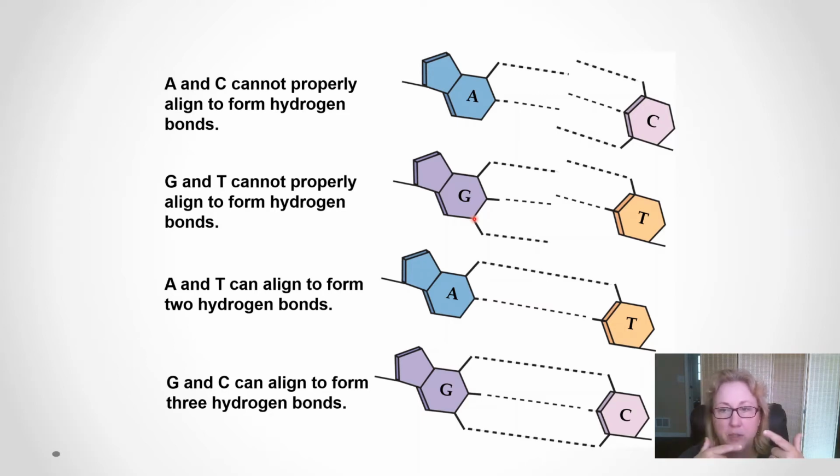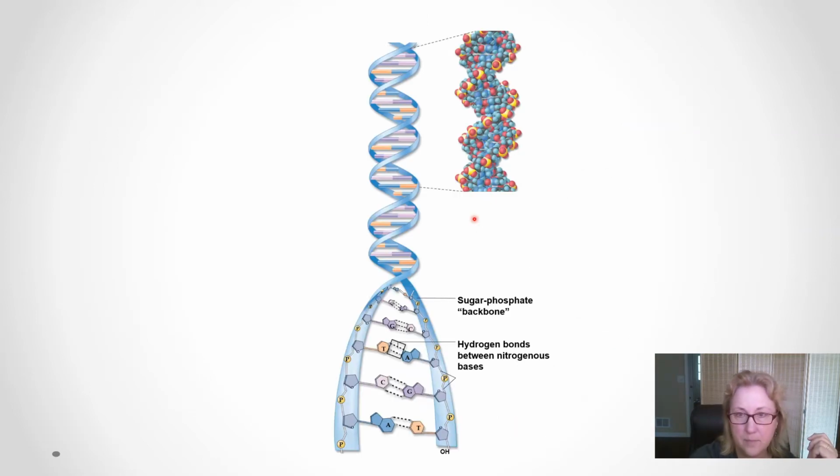So only between A and T do these line up correctly, and also between G and C. If the other bases are lined up with each other, it's a mismatch. They cannot hydrogen bond. And hydrogen bonding is extremely dependent on distance. If the nuclei of the atoms are just a little bit too far apart, then hydrogen bonding cannot occur.